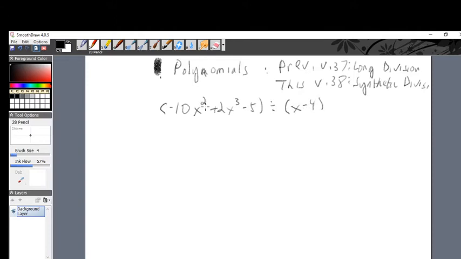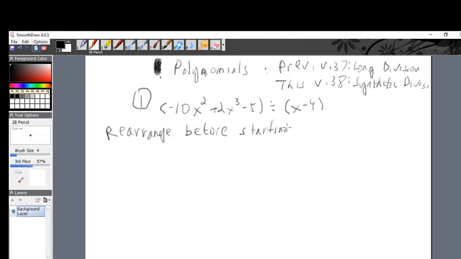The trick is, and long division and synthetic division have this in common, you have to put the x cubed first. So we've got to rearrange this before you start. Problem 1: rearrange before starting. Don't let them play any tricks on you.